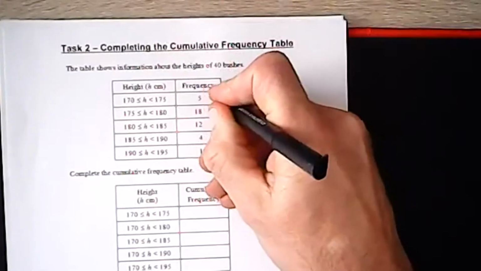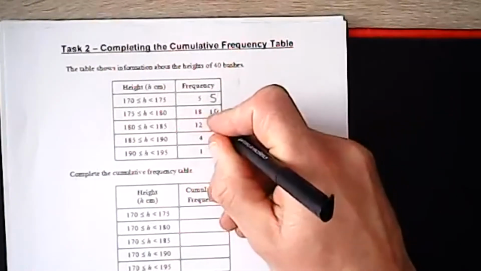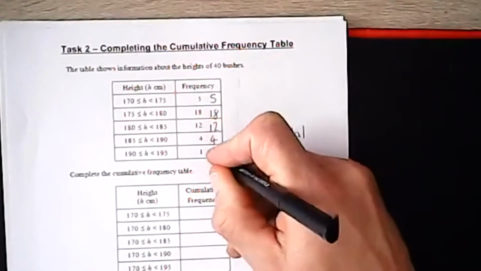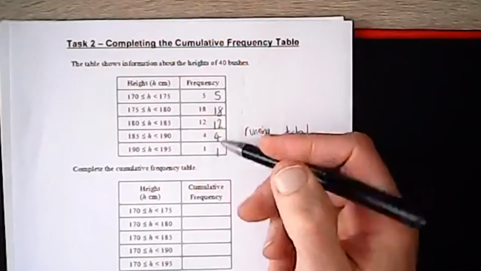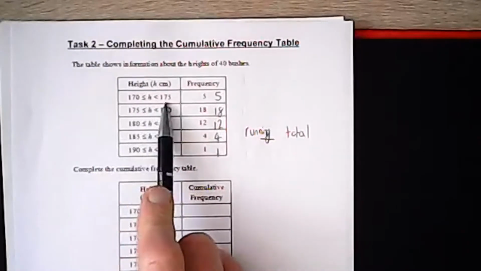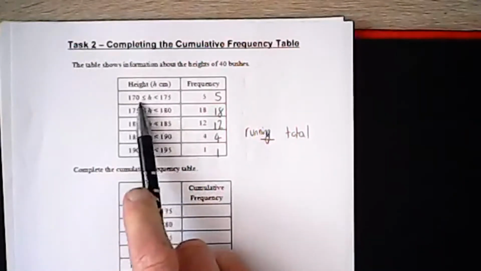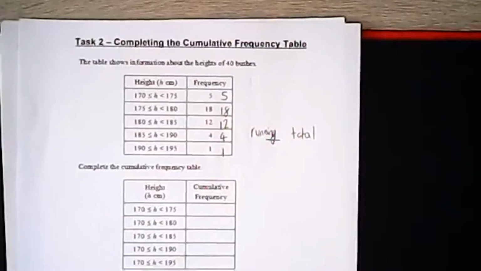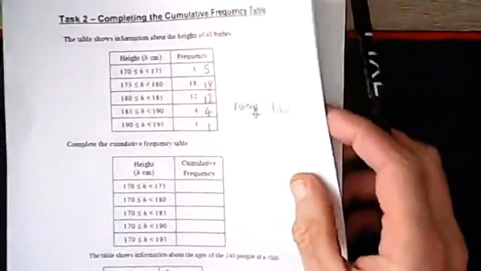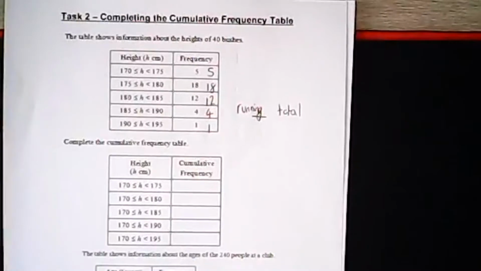So have a look at this table here. I'll just fill in some of these blanks. A little bit blurry again, my camera. So we've got 5, 18, 12, 4 and 1 in the interval 170 to 175. Just to start with, I wouldn't worry too much about these intervals. You just get the A part of the question right, and the A part is fill in the cumulative total column on the table.